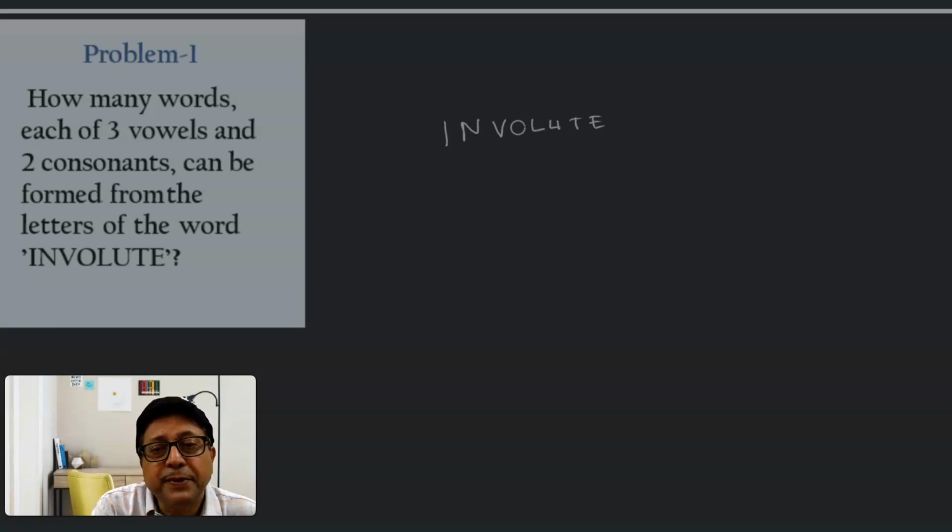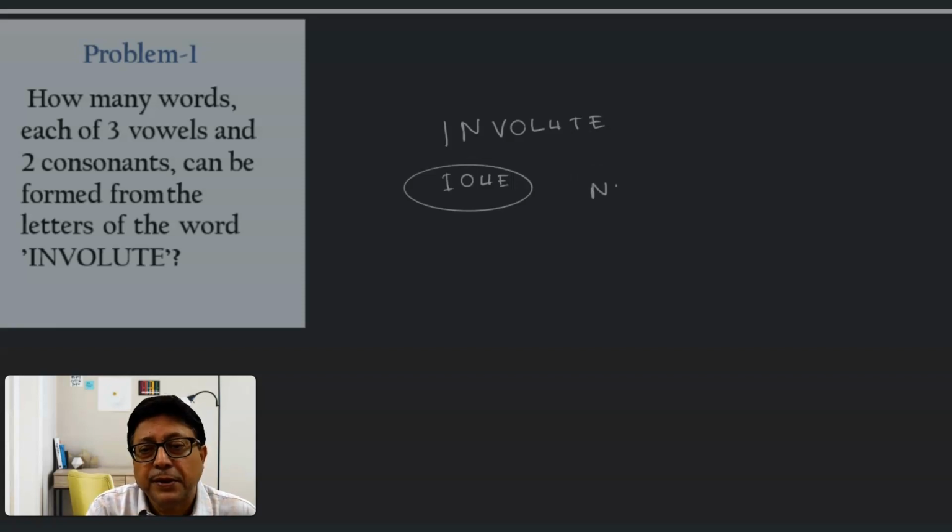You need to separate the vowels and the consonants. I, O, U, E, these 4 vowels are there, and consonants N, V, L, T.